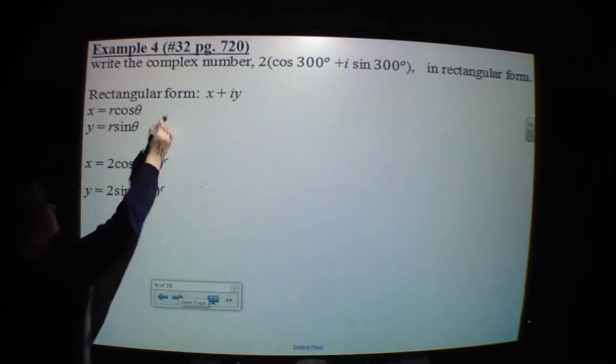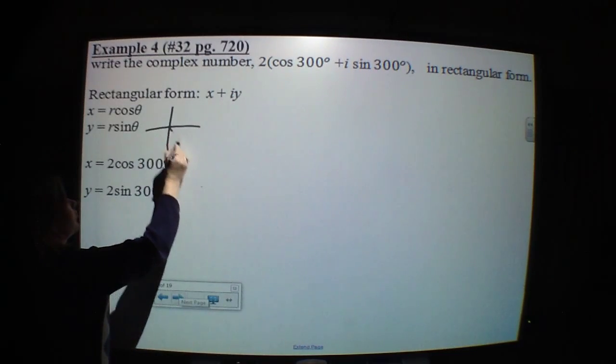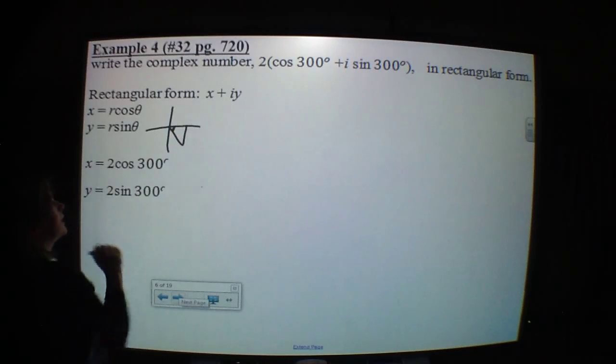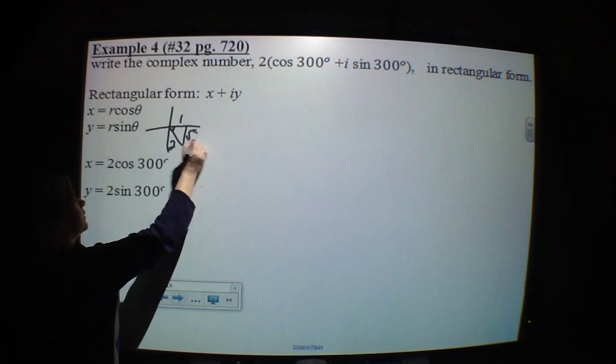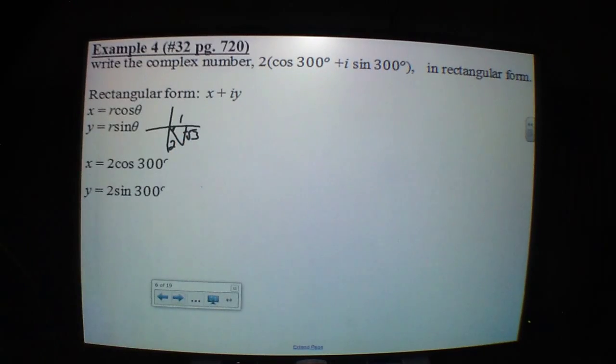Let me draw a picture here. 300 degrees gives me a 60-degree reference angle there, a 1, 2, radical 3 triangle. Okay, so that's what it looks like.